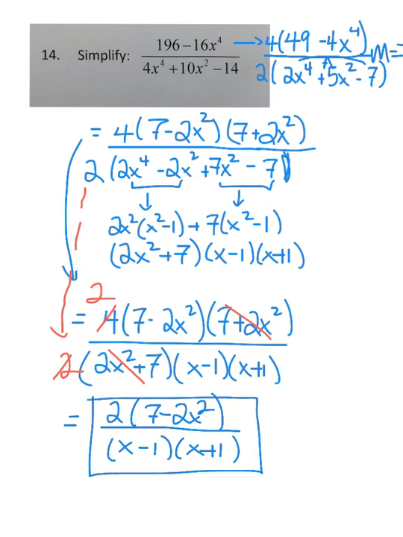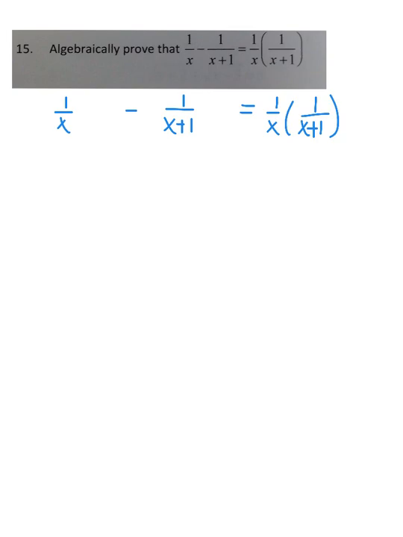There you go. This question asks you to algebraically prove. So remember when we algebraically prove something, that means one side of the equation, whether it be this left side or this right side, we have to leave alone and don't touch it.